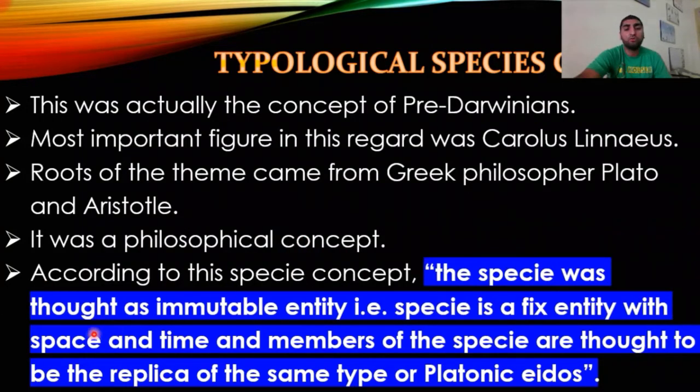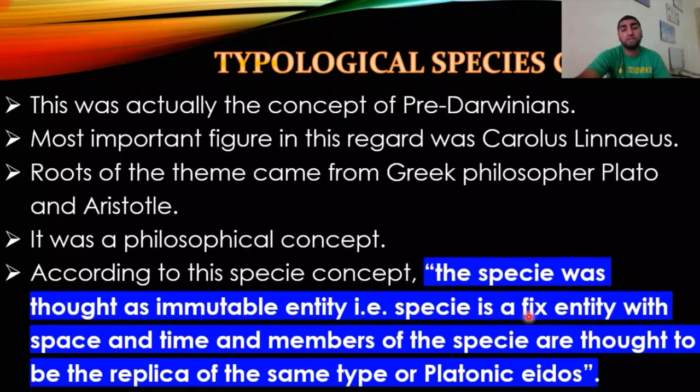Now what does this concept say? They say species was thought of as an immutable entity. Immutable means there is no mutation, there is no change. Species is an entity which cannot be changed. There is no variation in species.